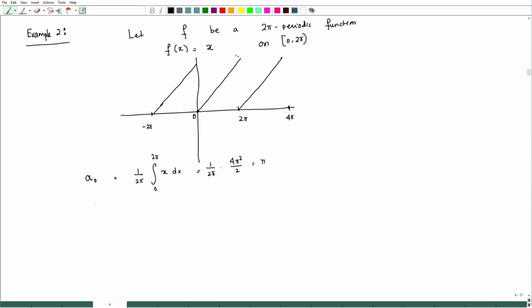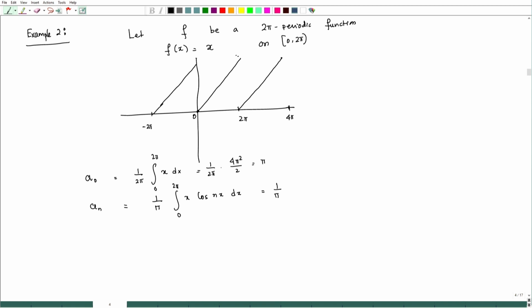And a_n is equal to 1 by pi, integral from 0 to 2 pi of x cos(nx) dx.